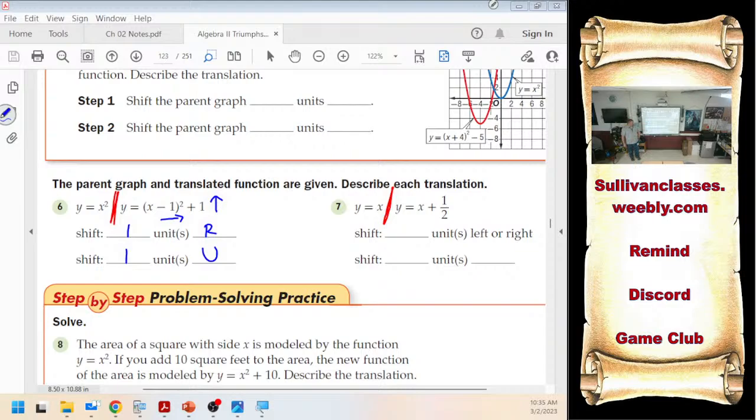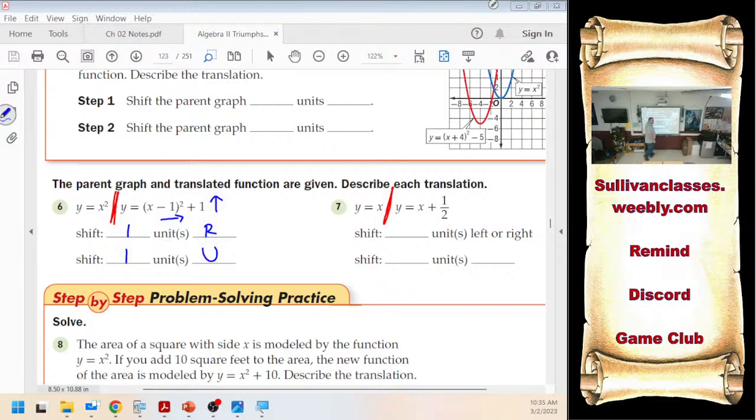The other one, maybe it threw you for a loop because they had 3 blanks there. Do you see a grouping at all? There's no parentheses. So if there's no parentheses, how far left and right are you going to go? You're not, right?